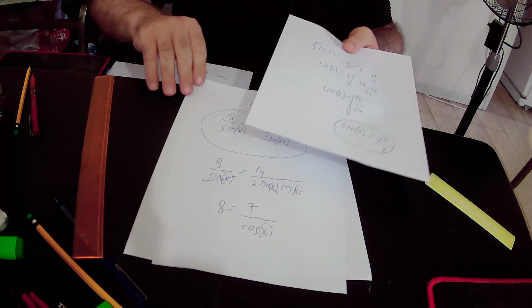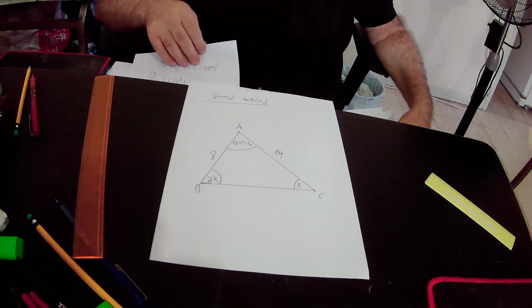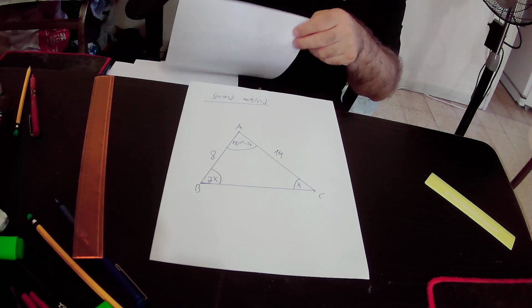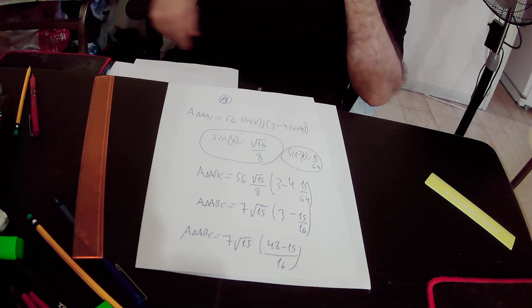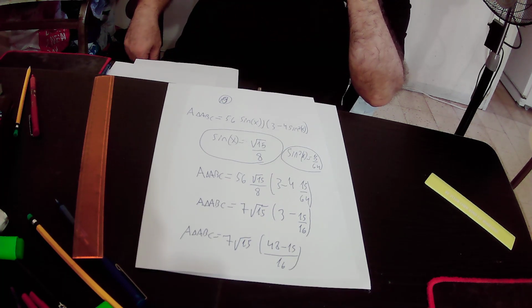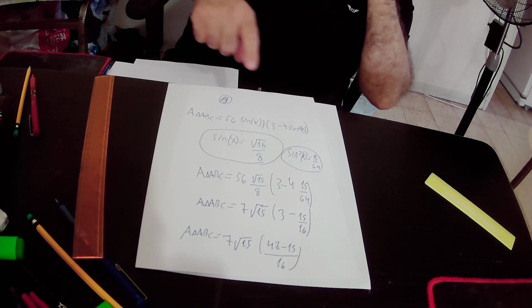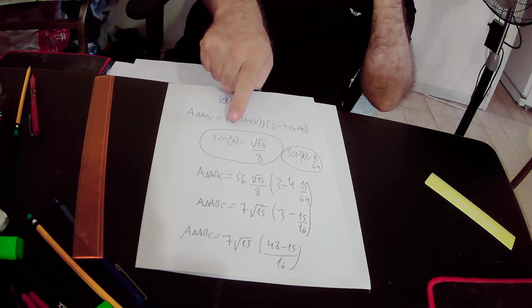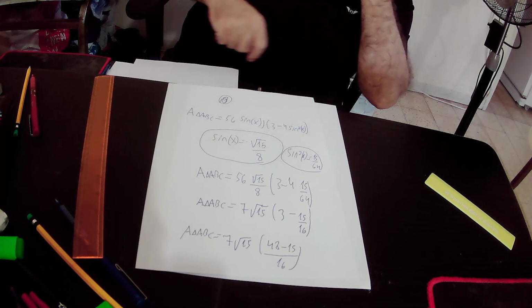So the area of triangle ABC equals 56 times sine x times (3 minus 4 sine squared x), and we know that sine x equals root 15 over 8. So if we square this equality, we will get that sine squared x equals 15 over 64.